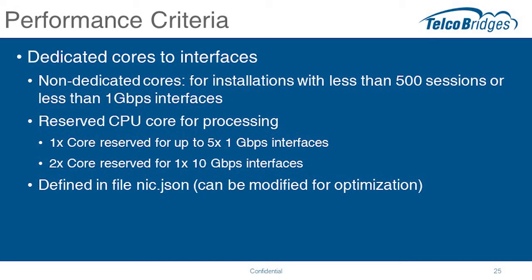When you configure the system initially, you saw that you can maybe dedicate cores to interfaces, right, in the initial configuration. If you use non-dedicated cores, it's good for 500 sessions or less, or if you have interfaces that are 1 gigabit per second or less.